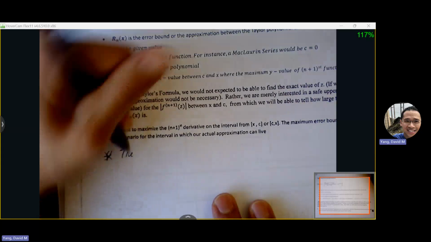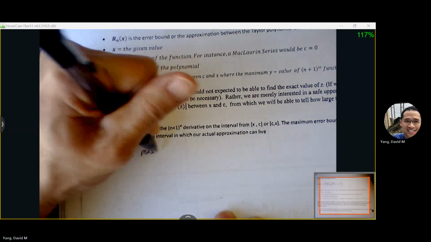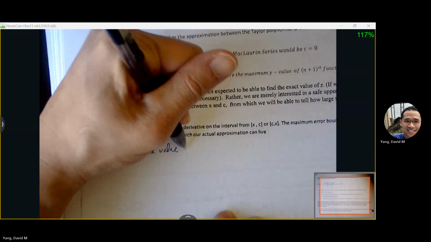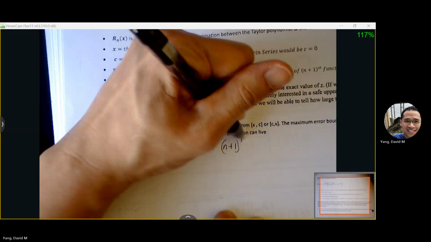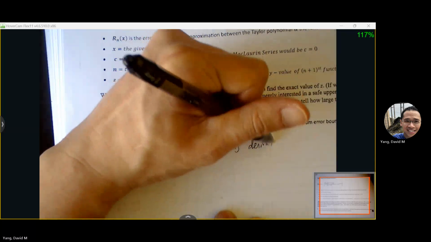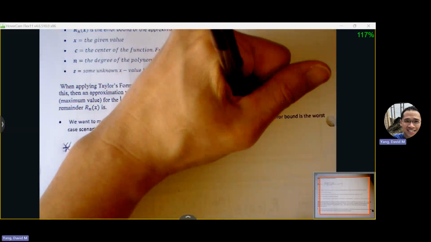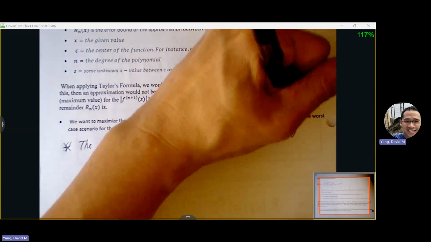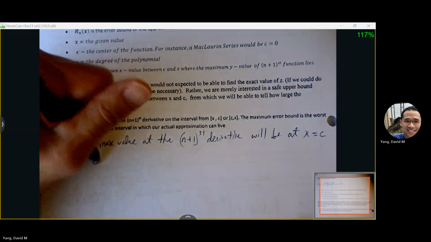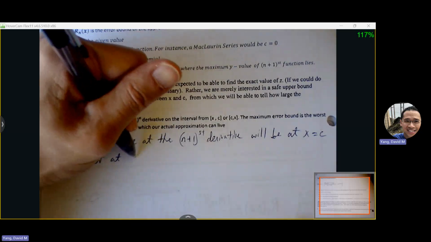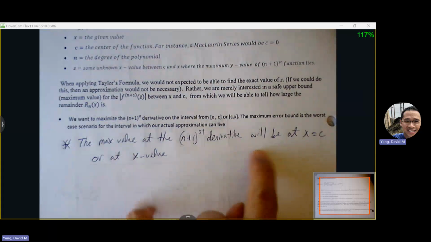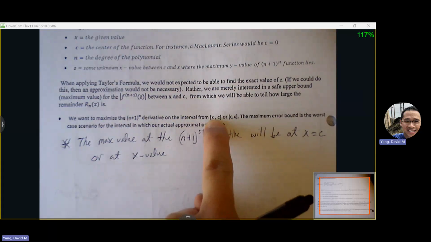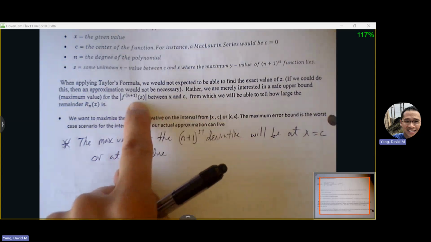The maximum value at the n plus first derivative will be at x equals c or at our x value. So we only have to worry about testing the endpoints between x and c in the n plus first derivative to figure out the maximum.